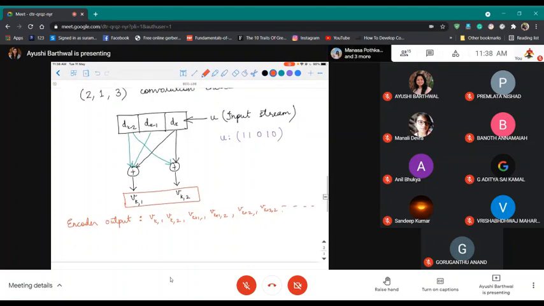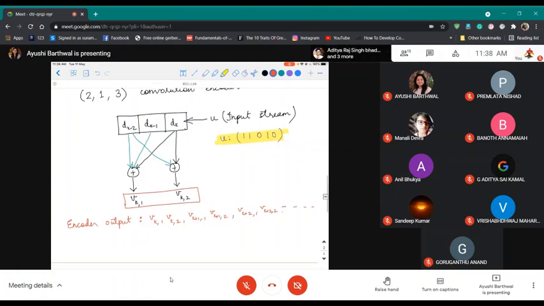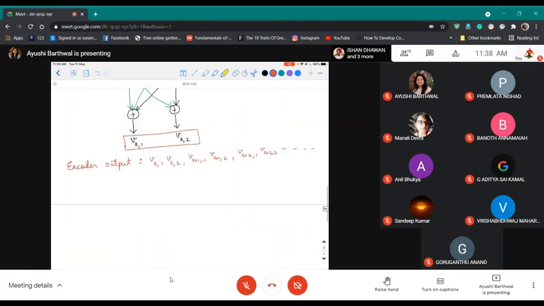So let us study how we find the encoded output for the given data stream. Initially, let us consider the initial conditions, when all the contents of the shift registers are 0.